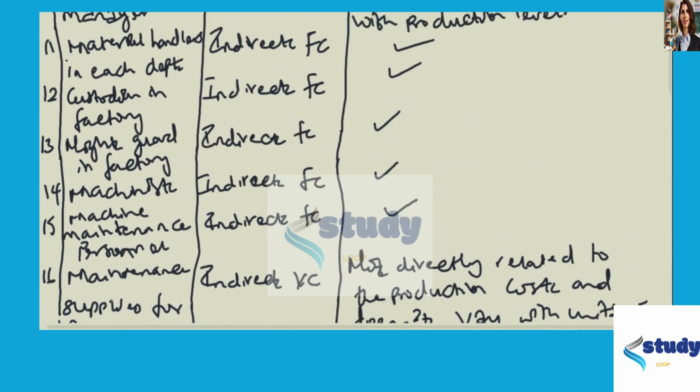We're going to identify which are considered direct costs when the mixing department is assumed as the cost object. All the costs that are directly associated with the mixing department are treated as direct costs.